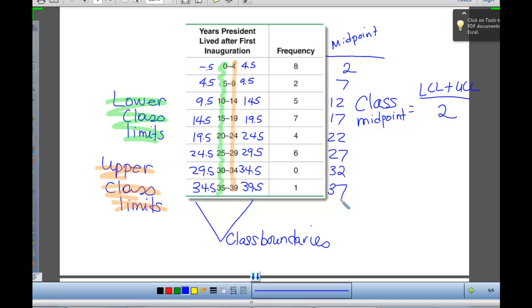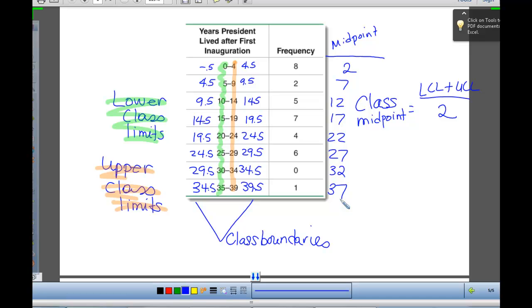Class width, from a frequency distribution, is the difference between consecutive lower class limits. But you could replace lower class limits with upper class limits, or midpoints, or boundaries. All right, very good.